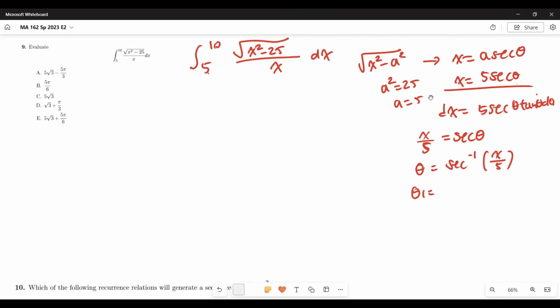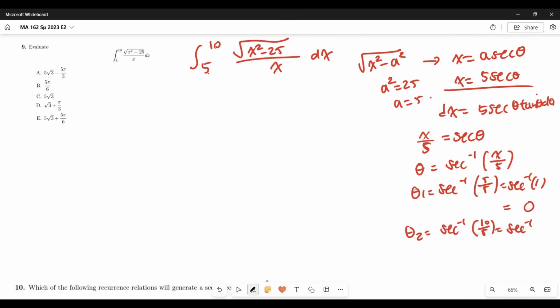Theta 1 is secant inverse 5 over 5, which is secant inverse 1, which is 0, right? And then theta 2 is secant inverse 10 over 5, which is secant inverse 2, which is cosine inverse of 1 over 2, which is pi over 3, right? So we have everything we need. This is from 0 to pi over 3, because that's our lower and upper bound.